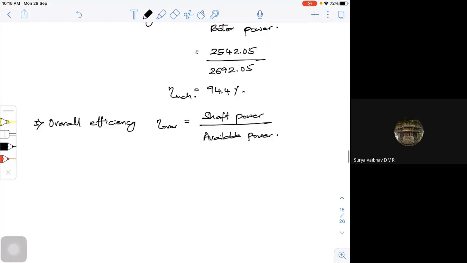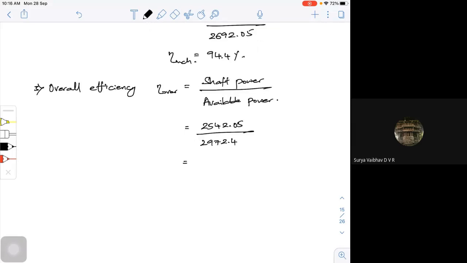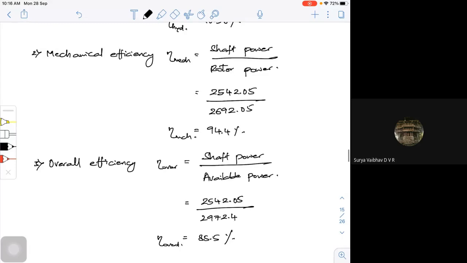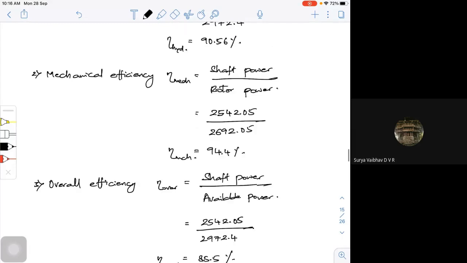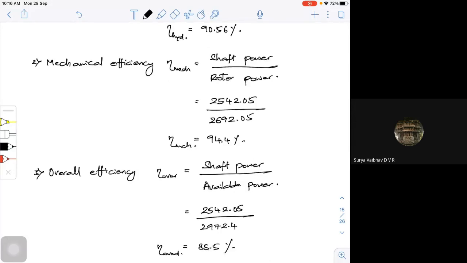So your shaft power is 2542.05 divided by 2972.4. So which is equal to, I am getting around 85.5%. If you look at it, the overall efficiency is less than your hydraulic efficiency or your mechanical efficiency. And this is how it is actually. Your overall efficiency is always less than any other efficiencies.